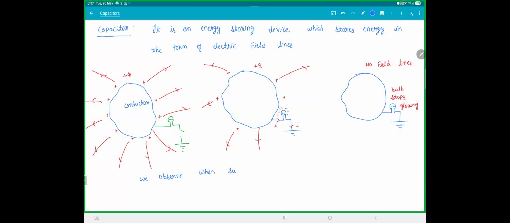But this gives you an idea that somehow the energy is stored in the form of field lines. That means electric field lines are nothing but another form of energy. So when the switch is closed, the bulb glows, and at the same time, the field lines start decreasing.